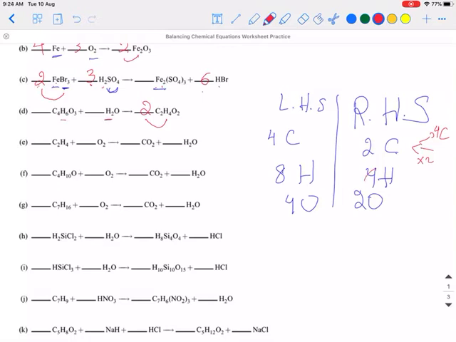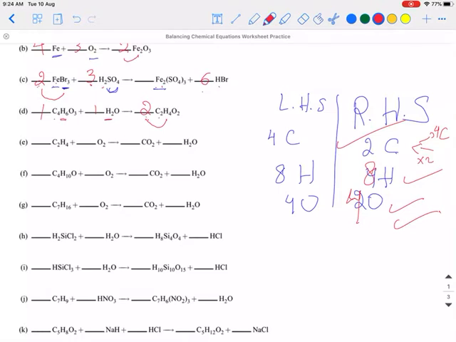So here 6 plus 2, 8. So it turns out to be 8 on both sides, which is fine. Here 3 oxygen and 1 oxygen, which is 4, and on the right hand side 4, and now the equation is balanced. When there is nothing on the coefficient, it means 1. Usually we don't write it.